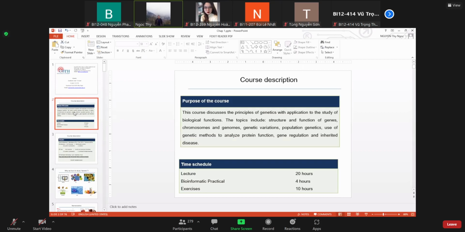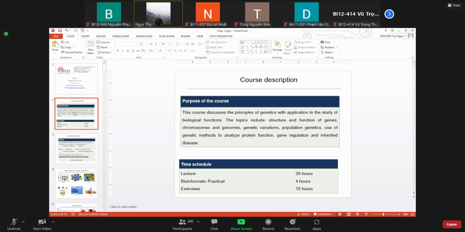During the course, we will include the structure and function of genes and DNA: how DNA is structured, what genes are, what the function of DNA and genes is, what a chromosome is, and what the differences are between the genomes of a eukaryotic cell, a prokaryotic cell, or a virus.